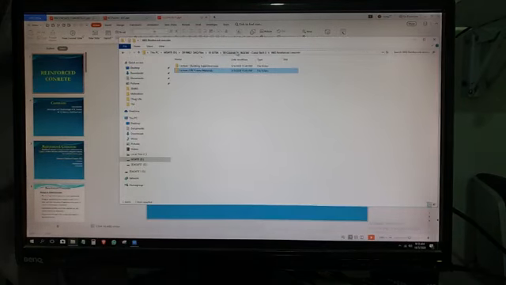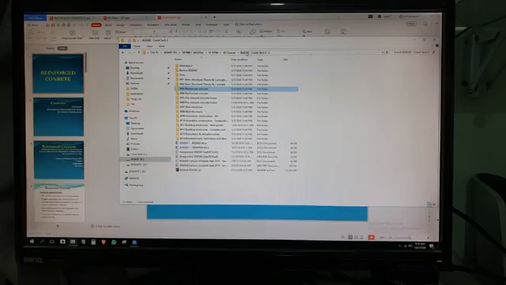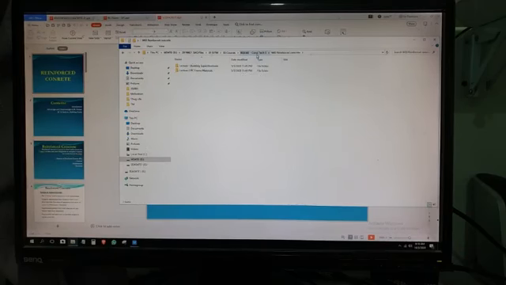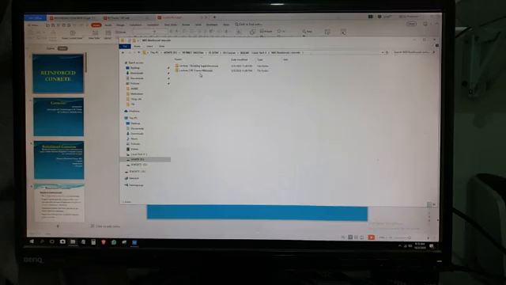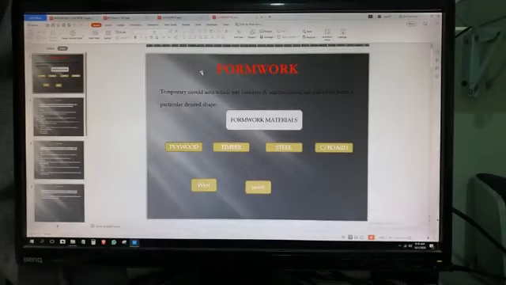Next, we move on to other materials. Next is formwork.